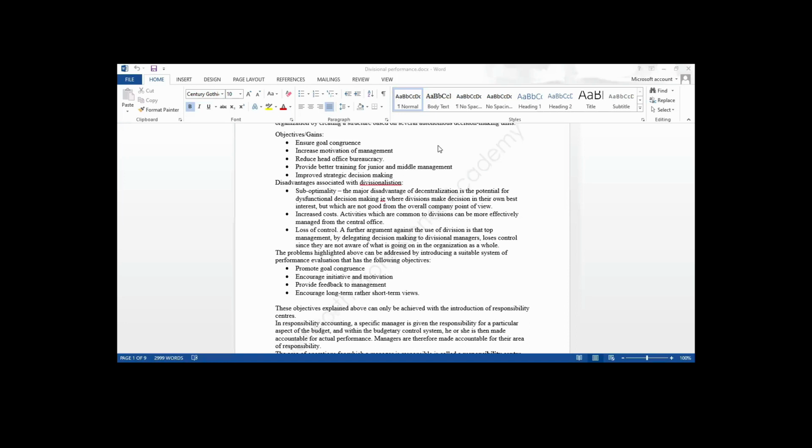You have HR in Dangote Cement, HR in Dangote Salt, HR in Dangote Sugar, HR in Dangote Transport. That function has been duplicated. Cost will increase.